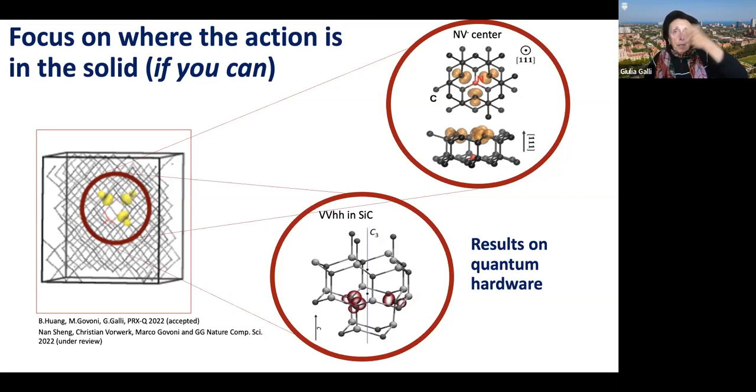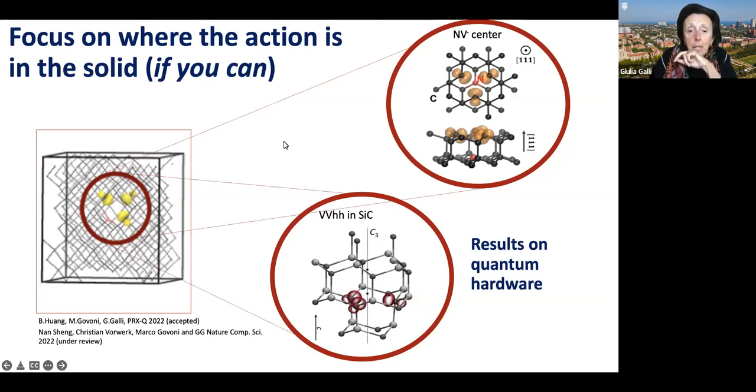Like you remove an atom and you put a nitrogen atom, or in silicon carbide, you put two vacancies. And the electronic properties of this defect are interesting, like shown here. They are interesting to realize a two-level system that can be a spin qubit, that you may use for quantum technologies, sensing, even quantum computing or quantum communication. So the action is where the defect is.